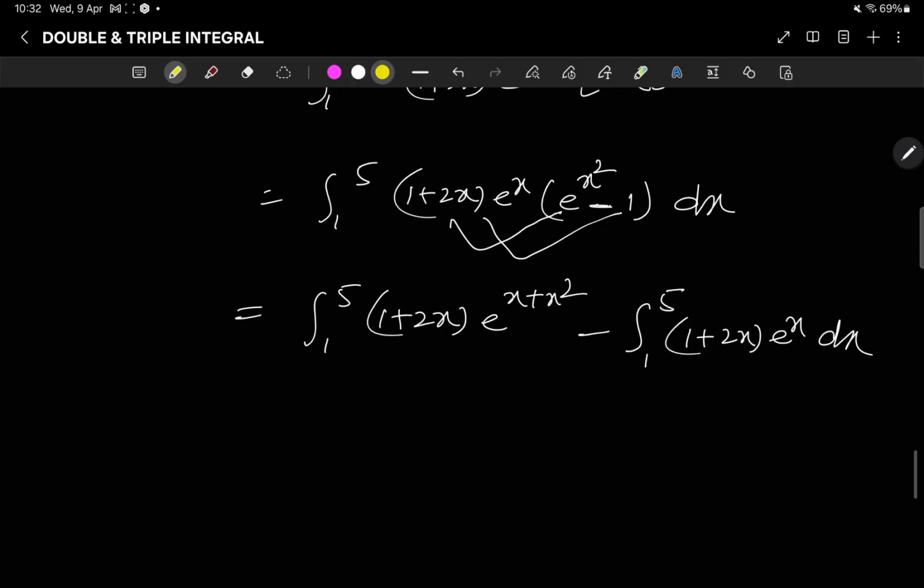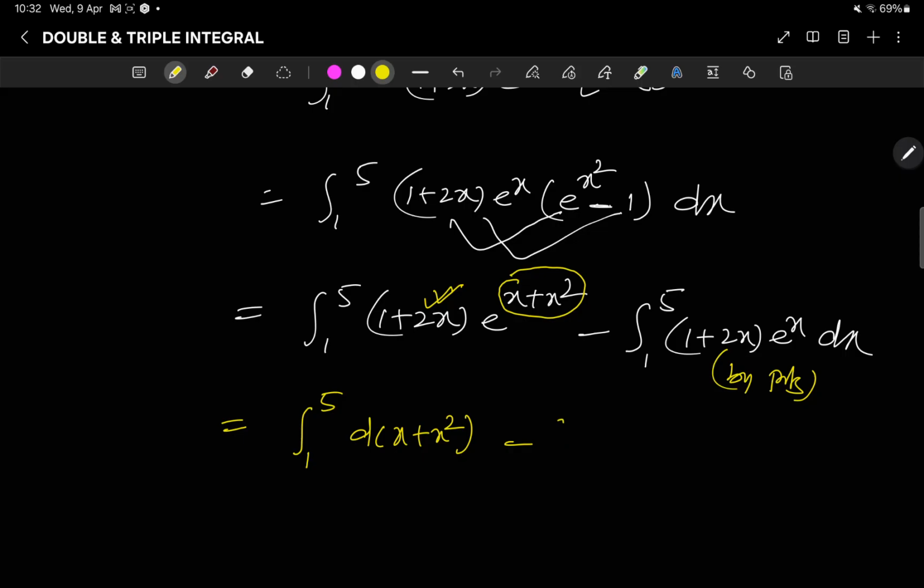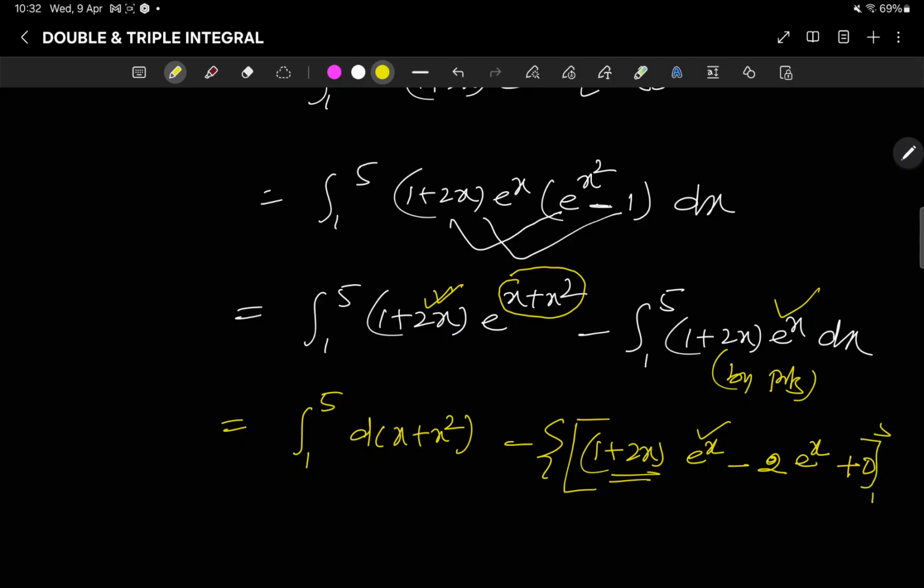Now if I substitute x plus x square equal to t, then this is dt. So it is integral 1 to 5 d of e to the power x plus x square, is it not? Minus, I apply integration by parts here: (1 plus 2x), integral of e to the power x is e to the power x, minus derivative of this, which is 2, times integral of this, e to the power x, and subsequently if I differentiate it, it will be 0. So this is from 1 to 5.